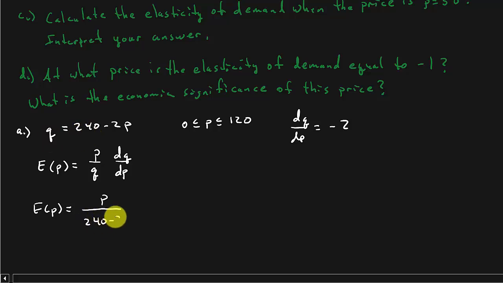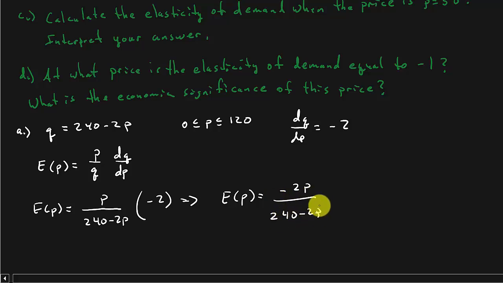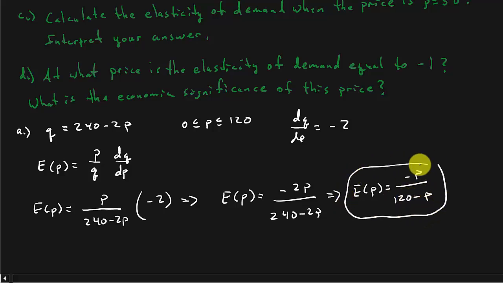Q is 240 minus 2P times the derivative, -2. And so this tells us E of P is -2P over 240 minus 2P, which tells us that E of P is equal to -P over 120 minus P. So all I did, 2 goes into each one of those. Okay, so that's part A.